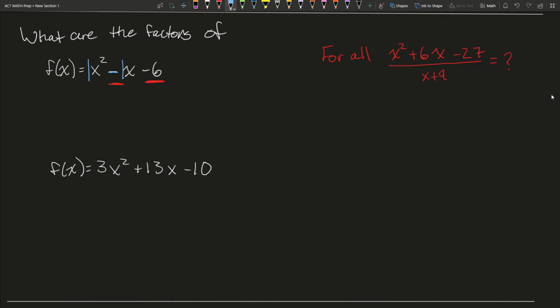So we need factors of negative 6 that add up to negative 1. If we list a couple of factors, negative 3 and positive 2 add up to negative 1. So negative 3 and positive 2 will be our factors. This will factor as x minus 3 times x plus 2.